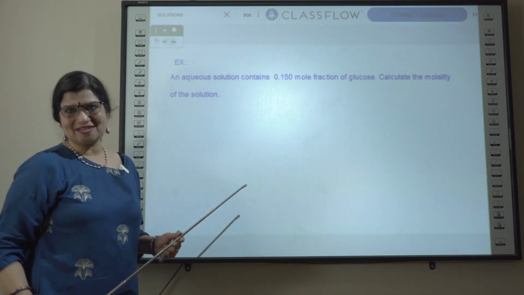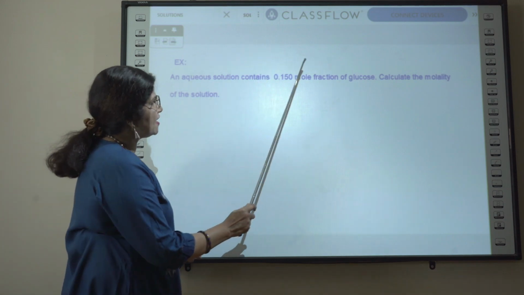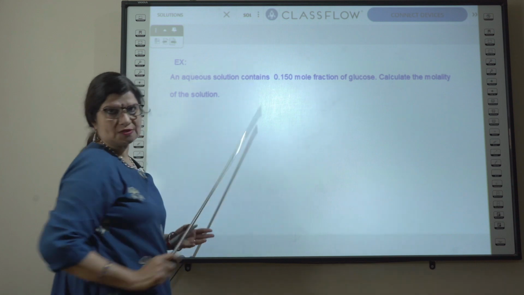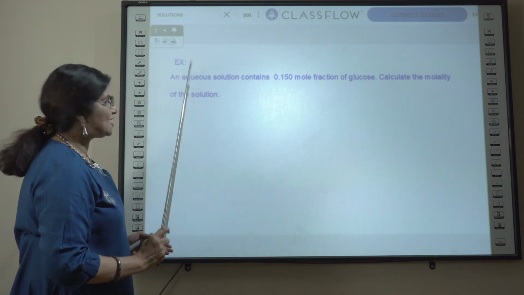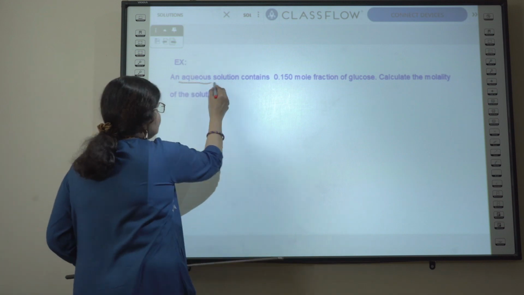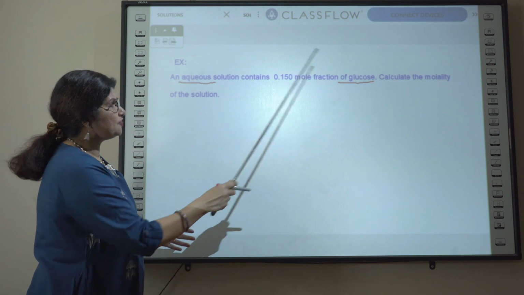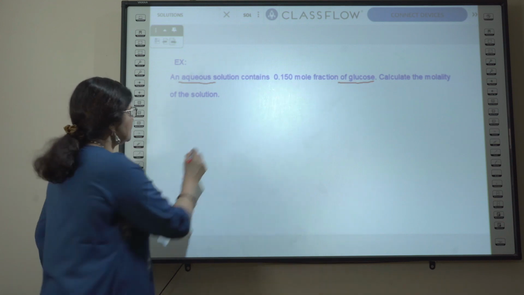So here is the question. An aqueous solution contains 0.150 mole fraction of glucose. Calculate the molality of the solution. So you have a mixture of water and glucose. You are provided with the mole fraction of glucose. So what does that mean?